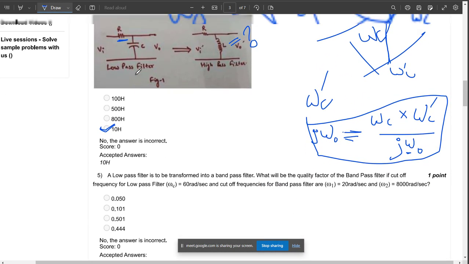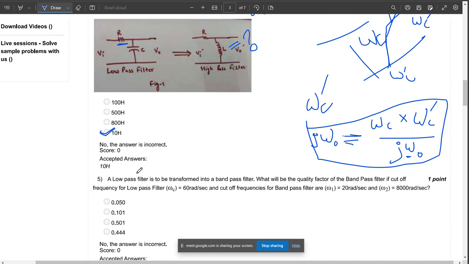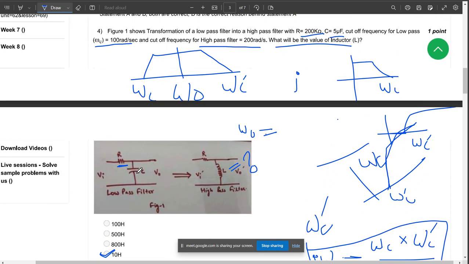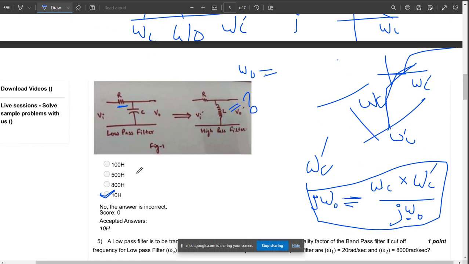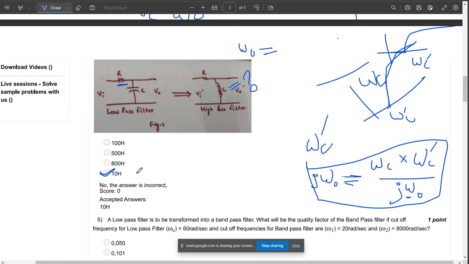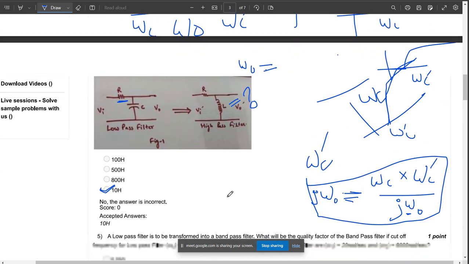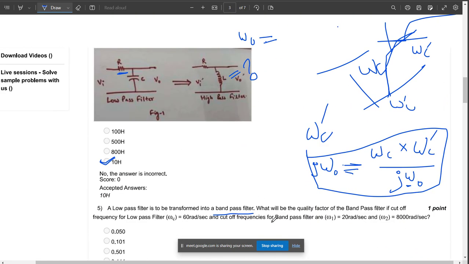So let's go ahead. In this question, the same kind of thing you have to do, but instead of a transformation from a low pass to high pass, here we are transforming a low pass filter to a band pass filter.